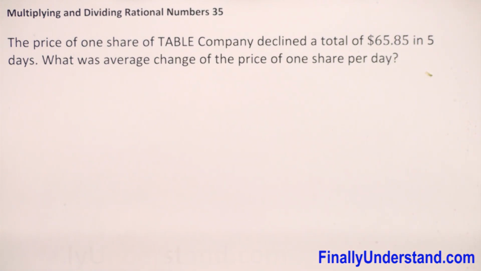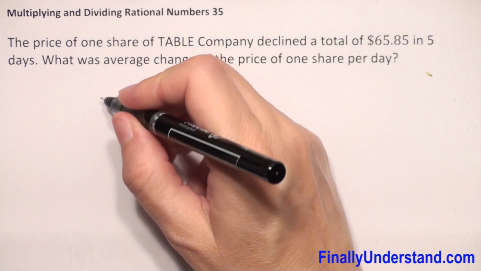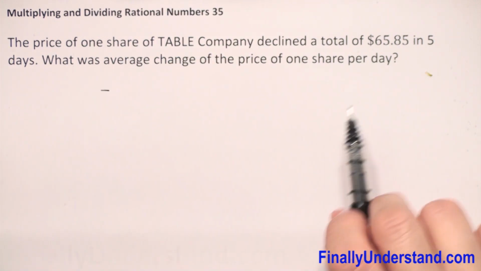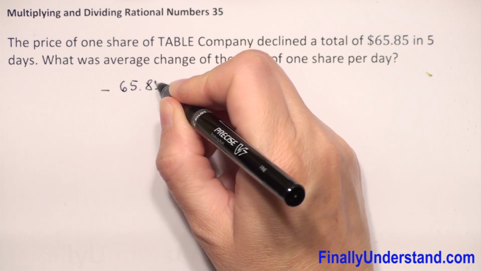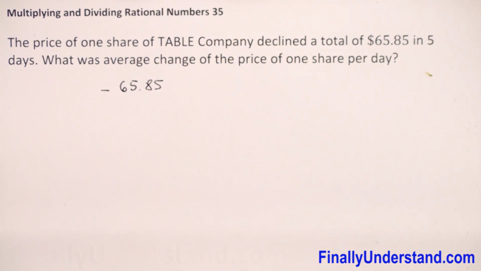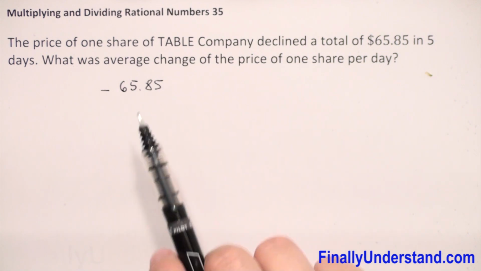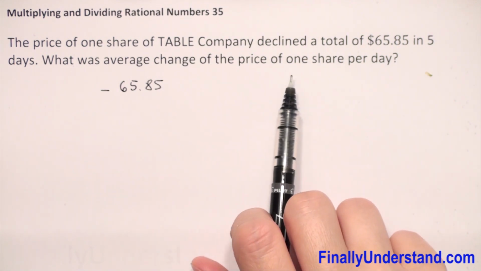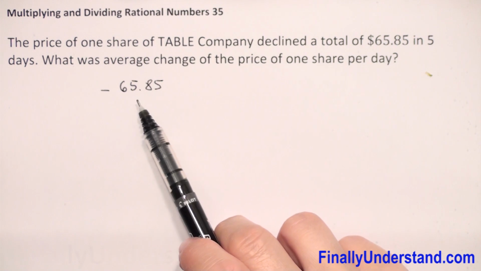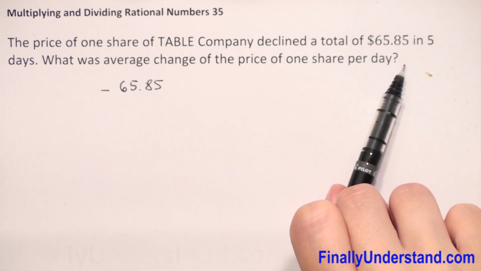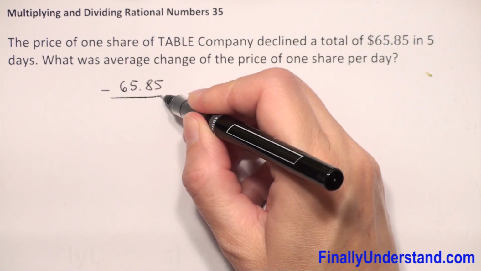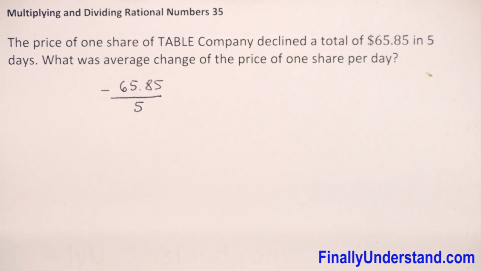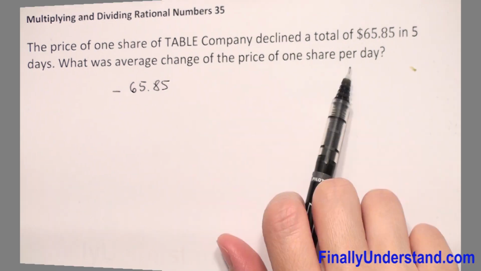$65.85. Because it declined, we'll use a negative sign before 65.85, and because we need to find the average change of the price of one share per day, and this was the price over 5 days, we need to divide this number by 5 to get the price of one share per day.